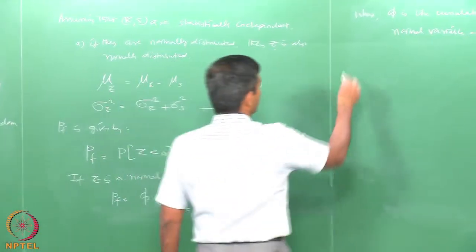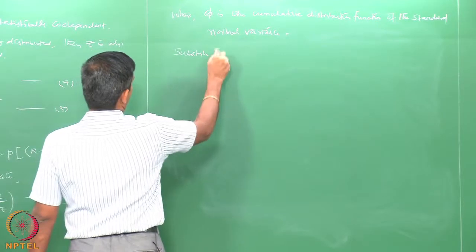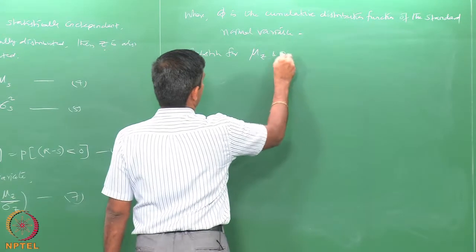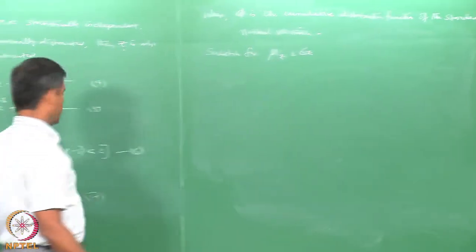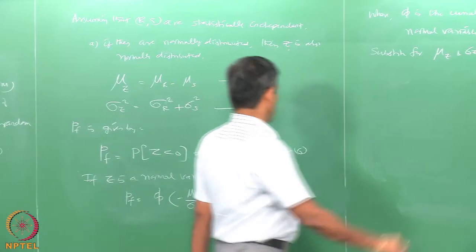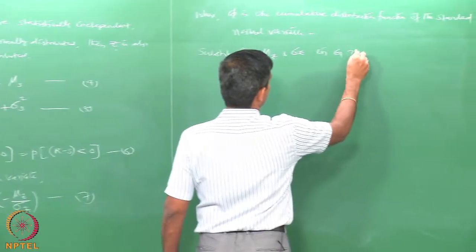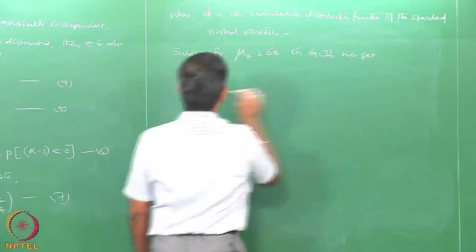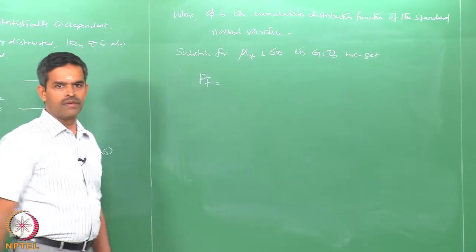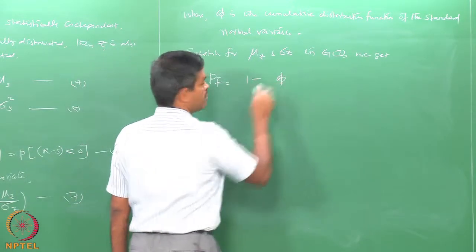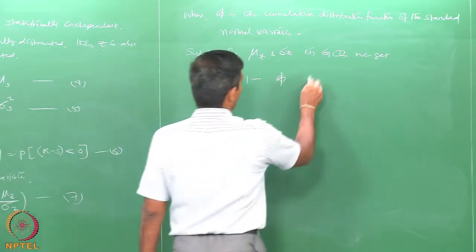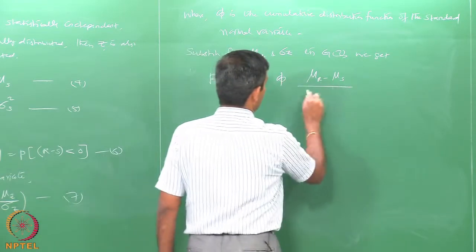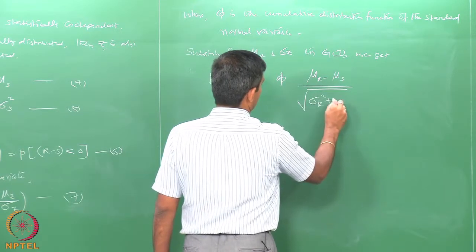Now, substituting for mu Z and sigma Z in equation 7, we get the probability of failure as 1 minus phi of mu R minus mu S divided by the square root of sigma R squared plus sigma S squared.